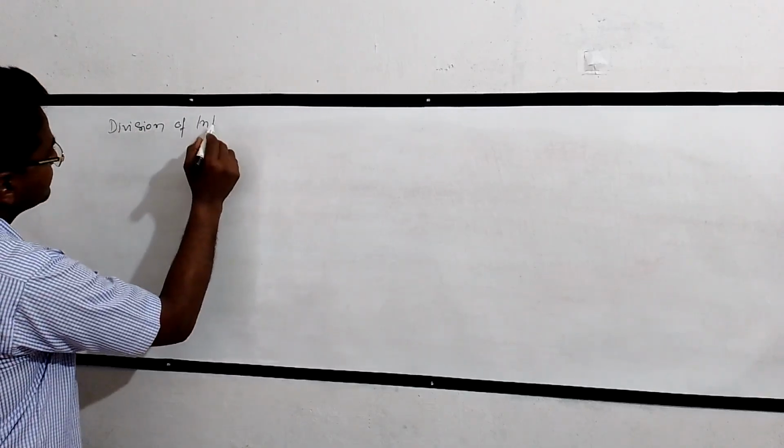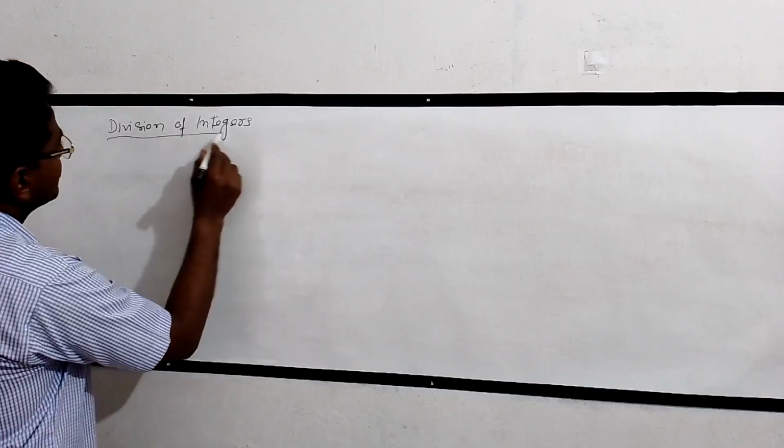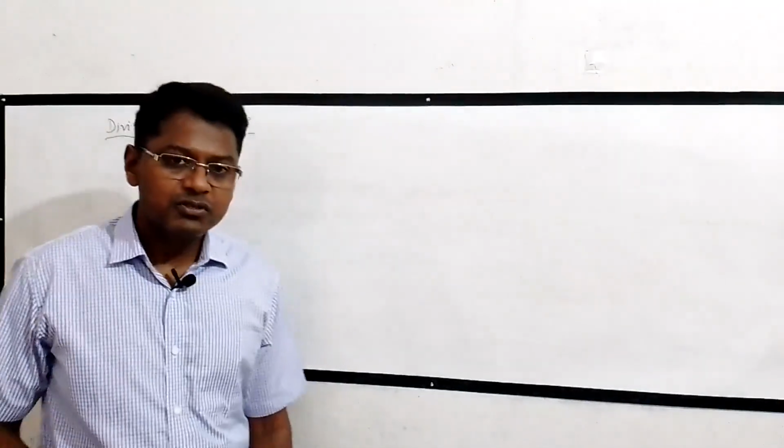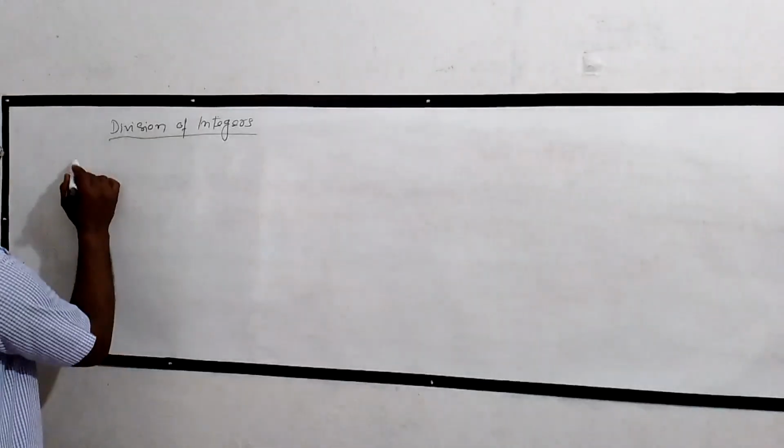Okay, so division. Firstly, division of integers. There are two rules for dividing any integers.